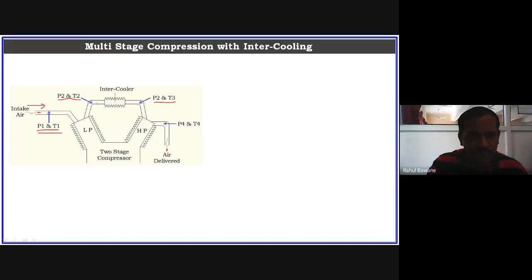Then after, it is passed through the intercooler. The intercooler reduces the temperature, and P2 and T3 will be the condition. This is then inducted into the HP cylinder. The HP cylinder again compresses it to very high pressure, and at the outlet we get P4, T4 condition of compressed air. This will be stored in any storage device.